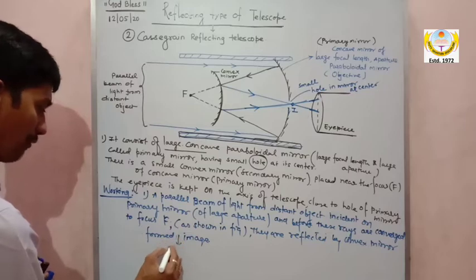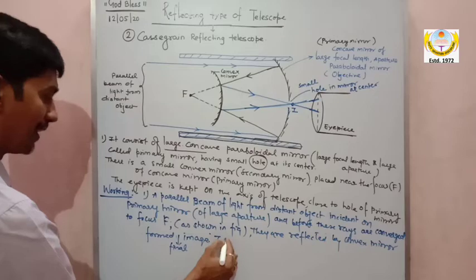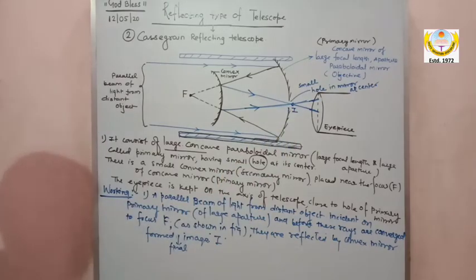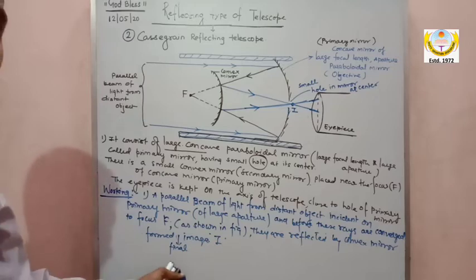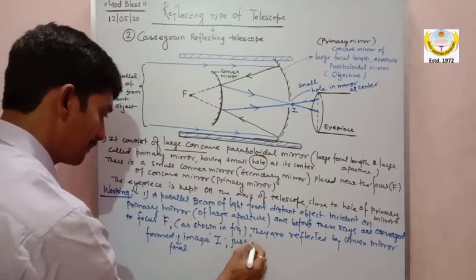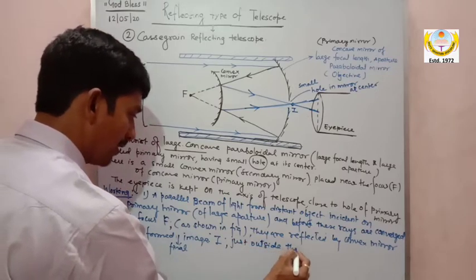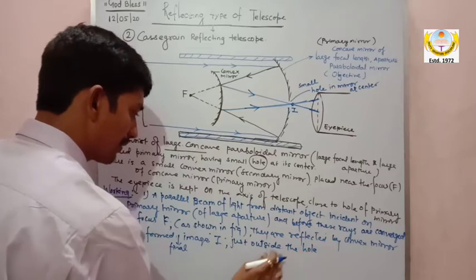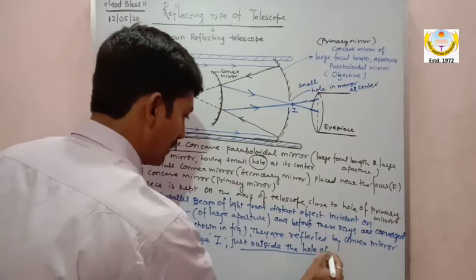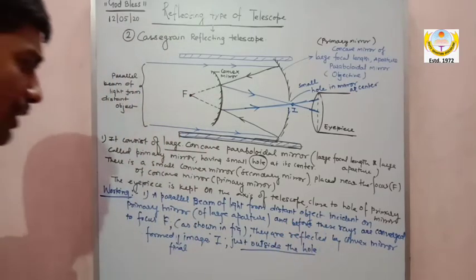That image is called the final image, formed final image I. Here I have mentioned I. So they are reflected by the convex mirror, forming the final image I just outside the hole of the primary mirror. If you wish, you can write just outside the hole, as shown in the figure.